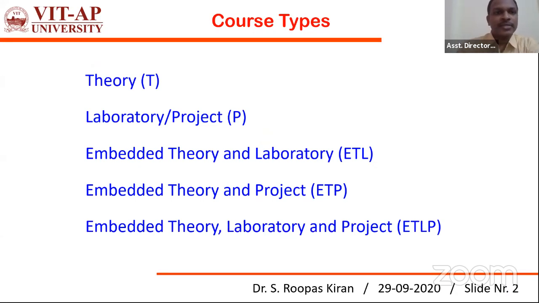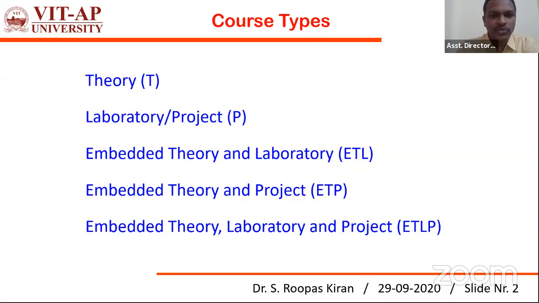So today in the morning session of the Dean Academics presentation, you might have seen the different types of courses. There are theory only courses, lab only courses, or project only courses. Embedded theory and lab, which contains a lab component and a theory component, is called the ETL type of course.